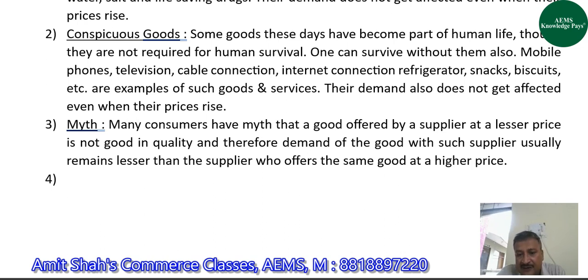So, though price being charged by a supplier is less, yet his demand is not more. And that is what is against the law of demand. I hope you have got this, guys.